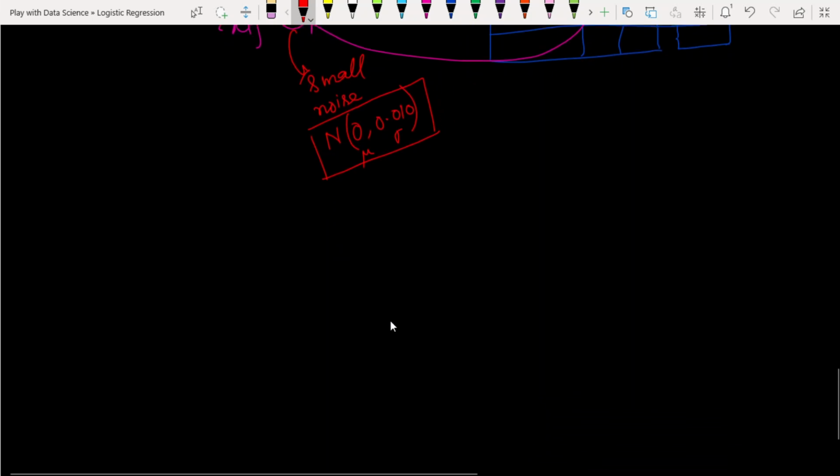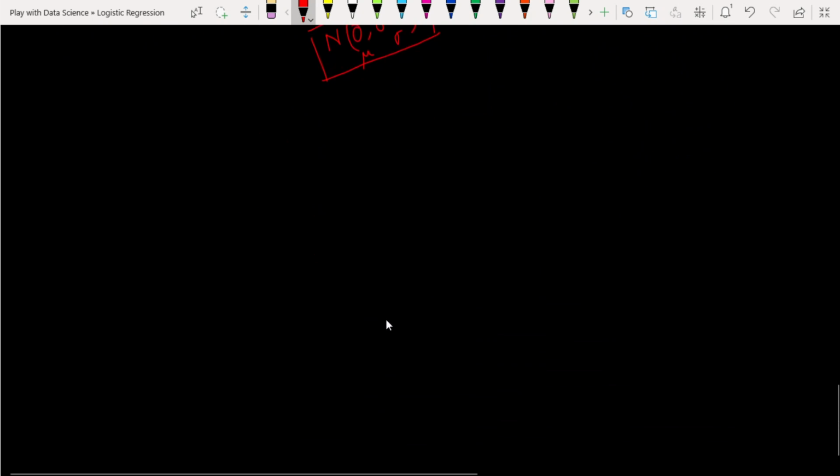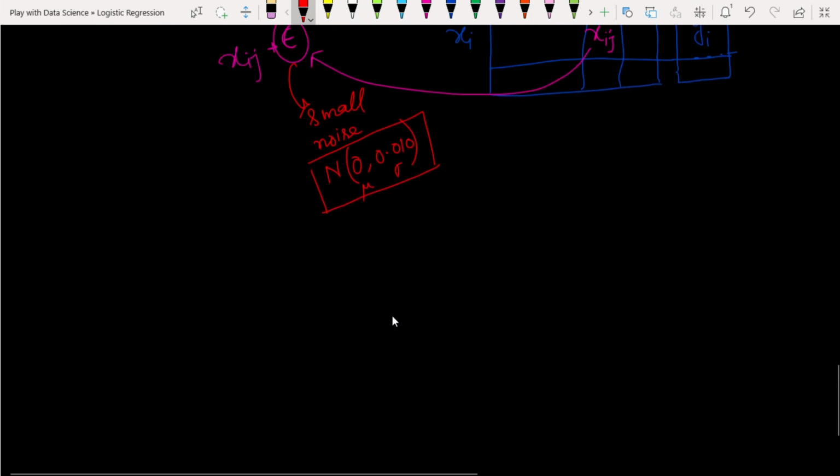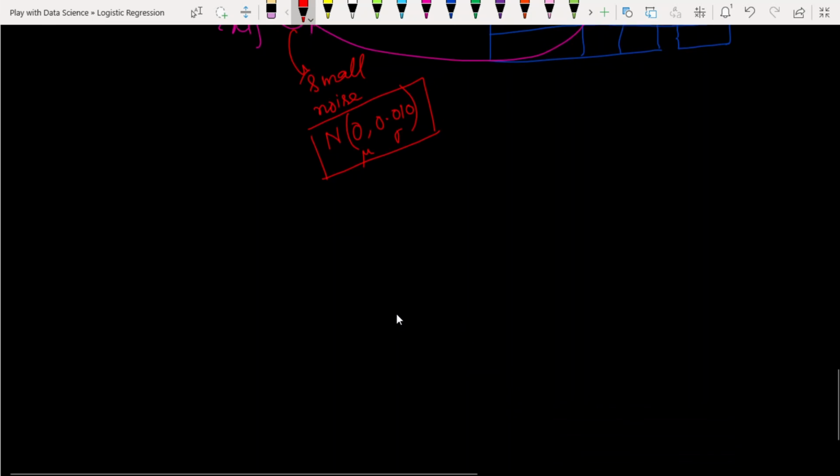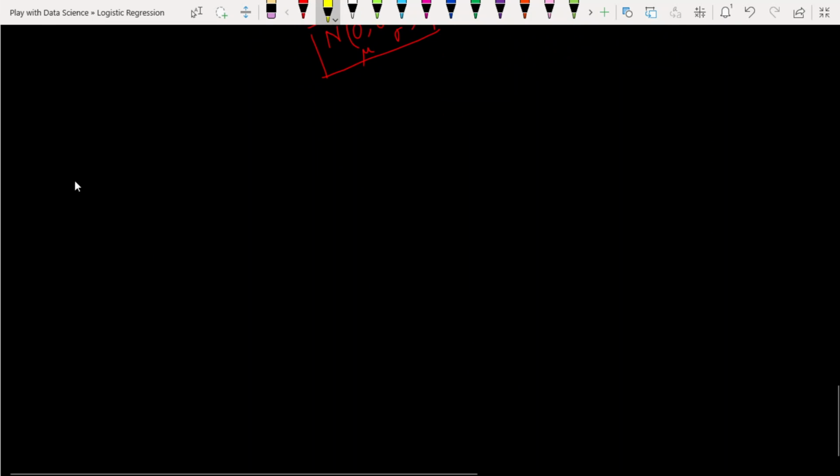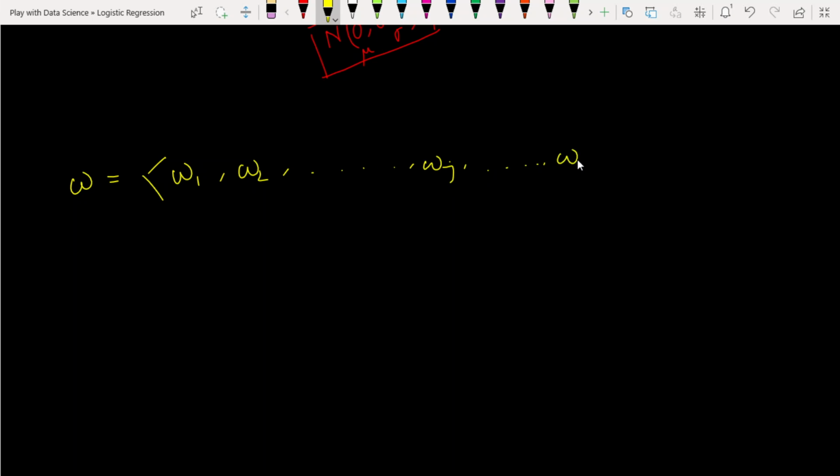Now we have added noise to the data point, but before perturbation we have to check one thing. We already have a weight vector, let's take w1, w2, wj, wd.